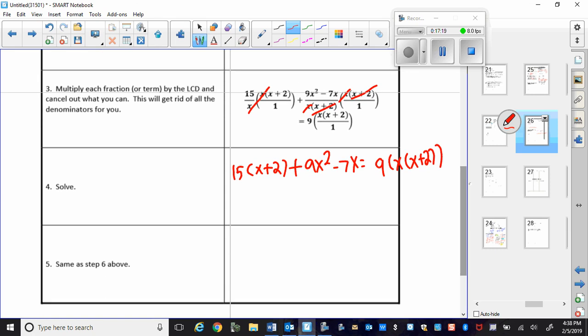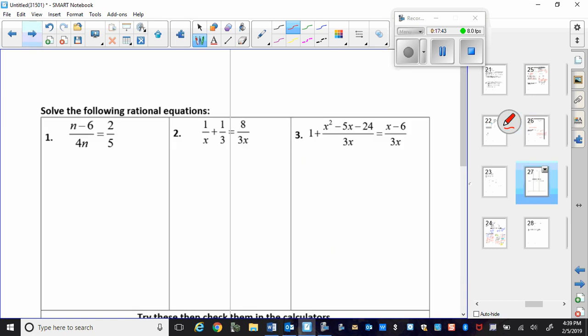Distribute, I get 15x plus 30 plus 9x squared minus 7x on one side, and then I get 9x squared plus 18x, and I'm back to where I started before. And when I solve, I get x equals 3, right? So that's another method where you're multiplying and doing all this extra stuff.